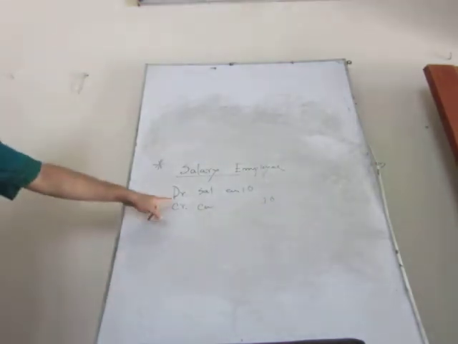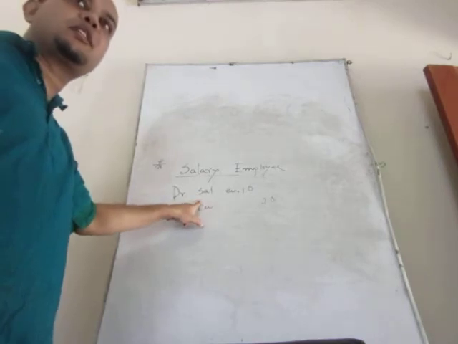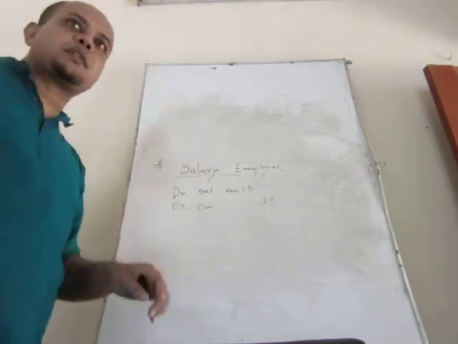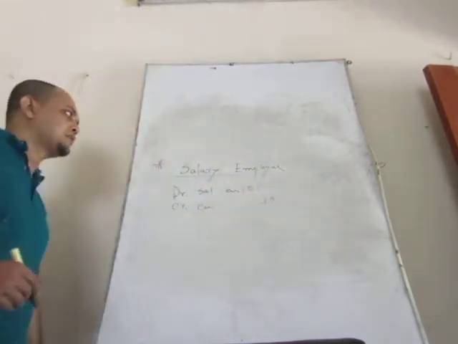So here we are representing salary as a kind of expense. This expense actually comes in the income statement, right?